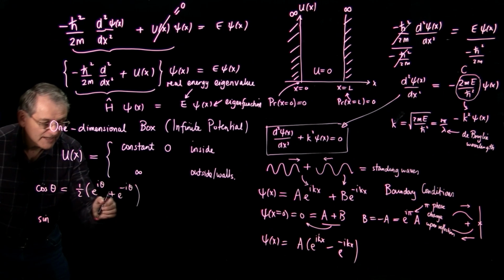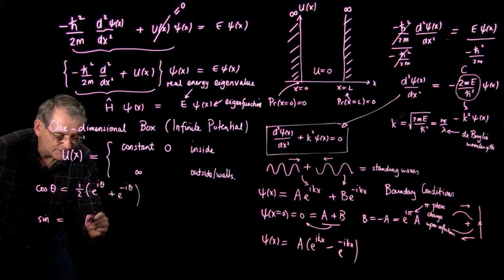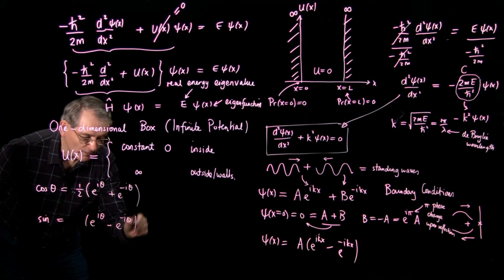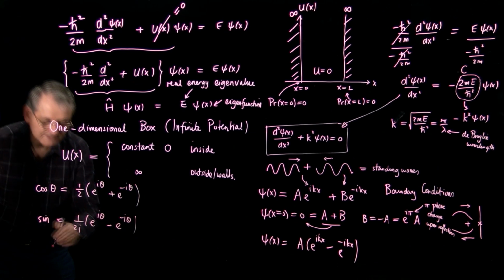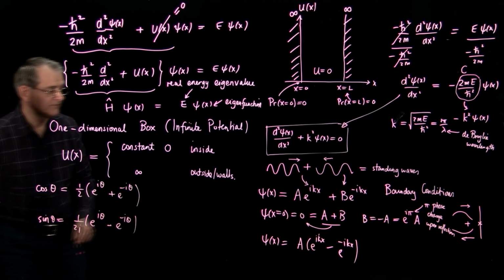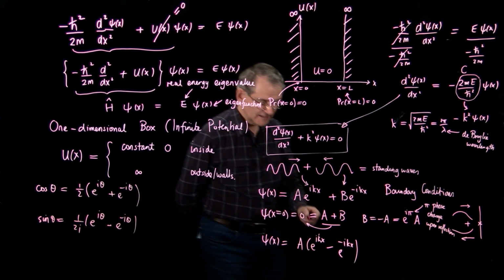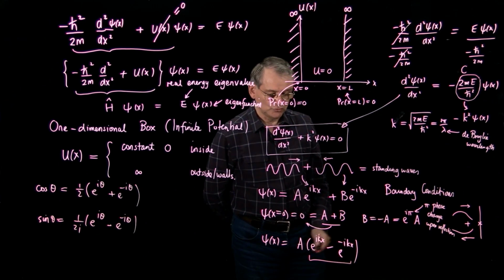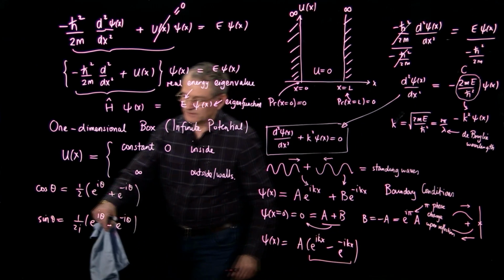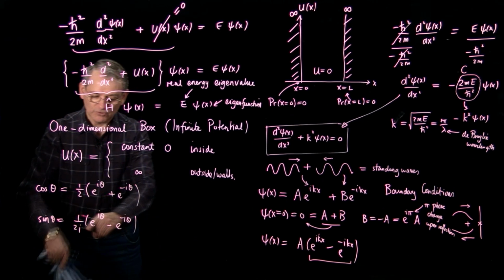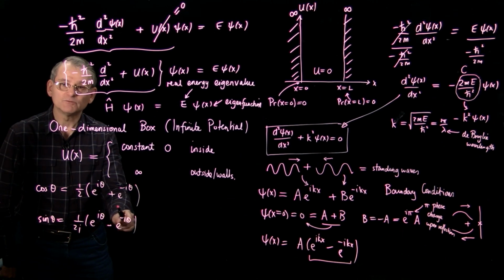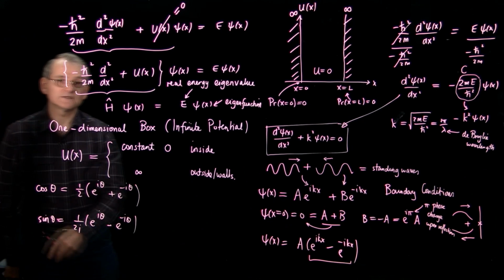But in fact, I don't have a plus sign. I actually have a minus sign here. So if I subtract these two and divide by 2i, that's equivalent to sine of theta. So this expression here multiplied through by 2i, e to the i theta minus e to the minus i theta is 2i sine theta.